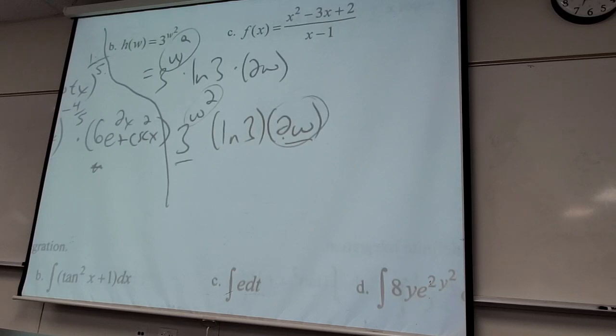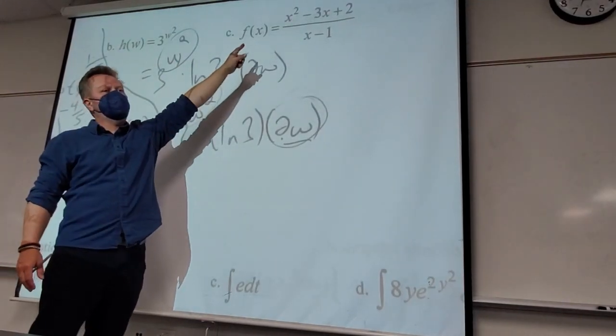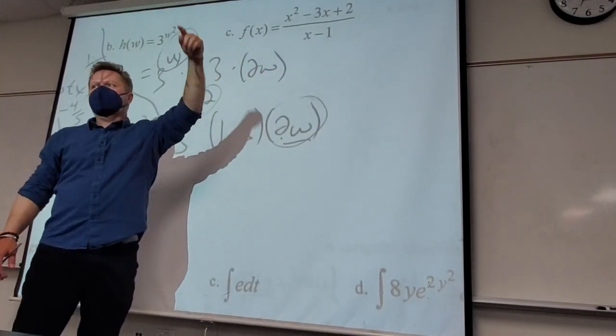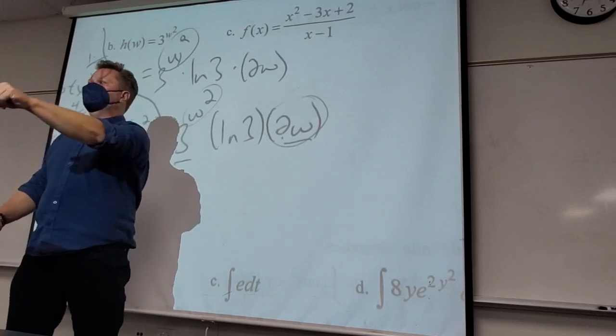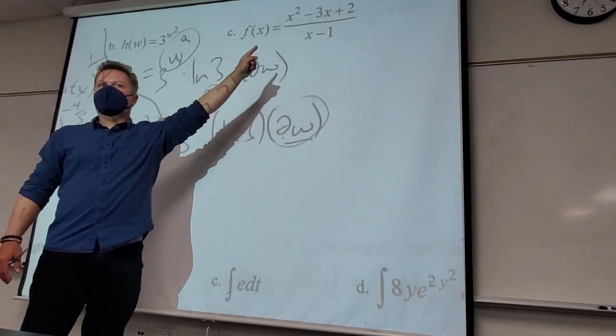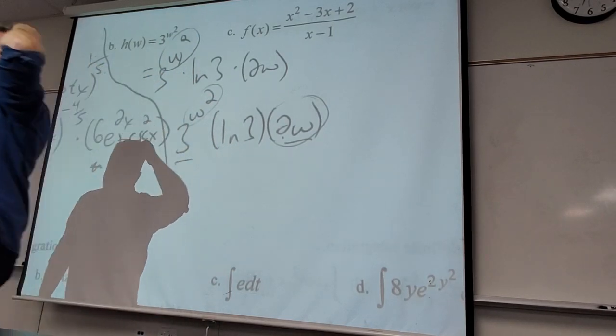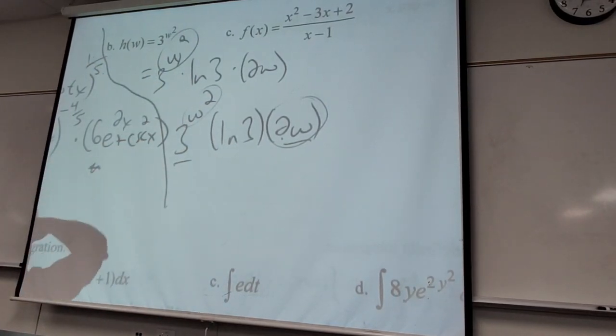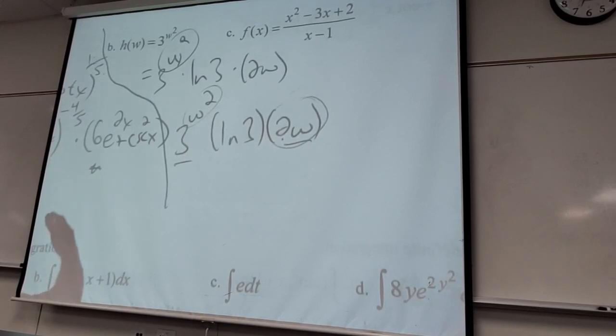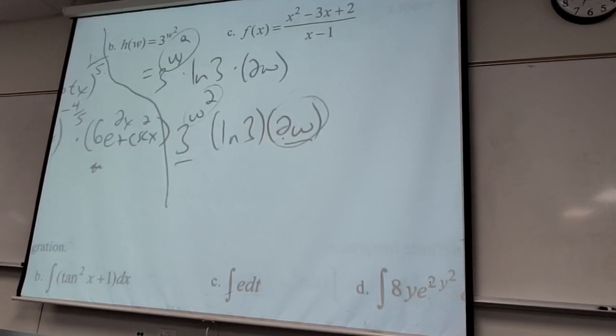How we doing? You guys okay out there? Part C, you can either use what rule? Quotient. I don't want to do that, and I don't have to, because I could just factor the top and simplify. If you ever take me for calculus, I always say if you can simplify it first, do it, especially for derivatives.